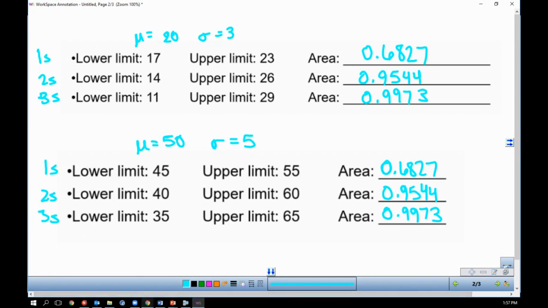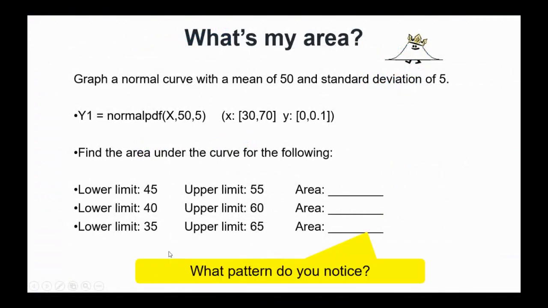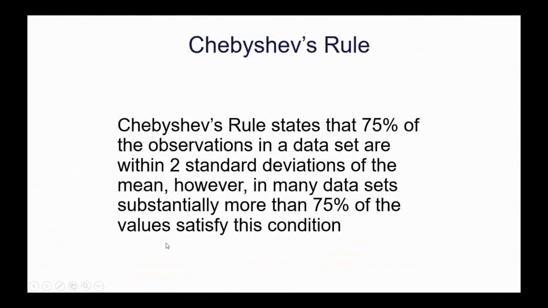First we're going to mention one more thing about Chebyshev's, and then we'll talk about the pattern. Okay, so Chebyshev says that 75% of the observations in the data set are within 2 standard deviations. What did we find for the percent for 2 standard deviations with the activity we just did?